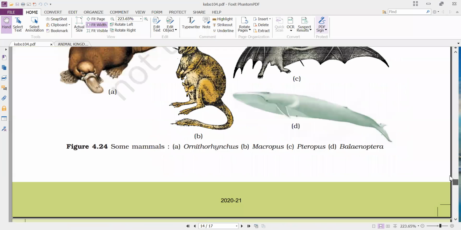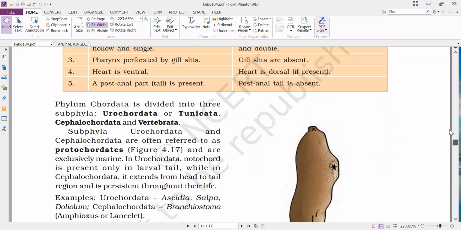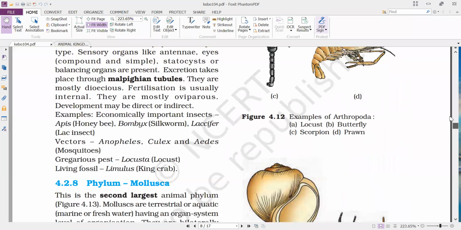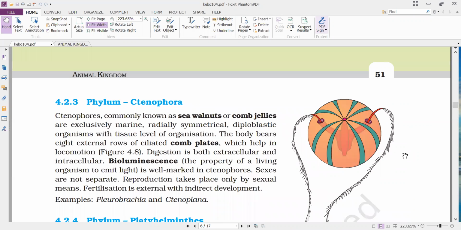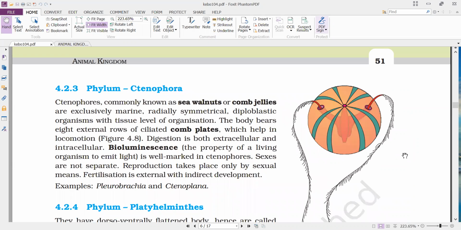That is page number 51. The first one, 4.2.3, that is phylum Ctenophora. All of you are able to see it on the screen now. That is up to this; the syllabus will be.